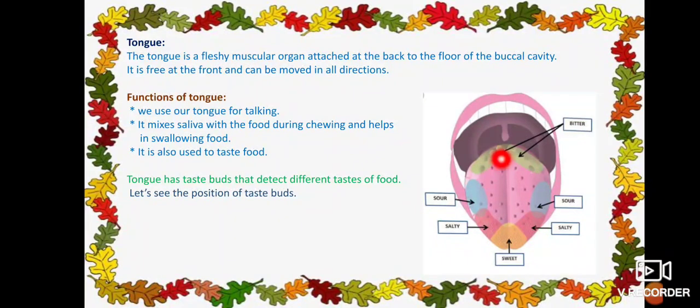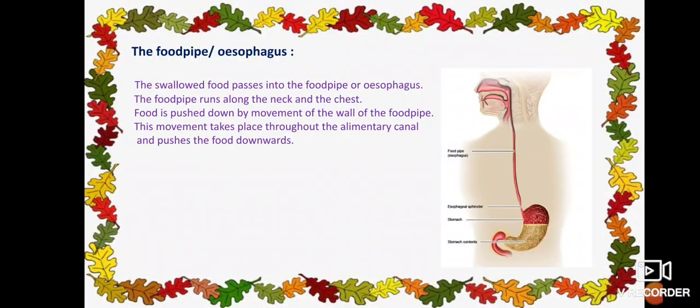Bitter taste buds are located at the back of the tongue, which is attached to the floor of the buccal cavity, the sour taste buds are located at the side of the tongue, next to the sour taste buds the salty taste buds are located, and at the tip of the tongue the sweet taste buds are located.